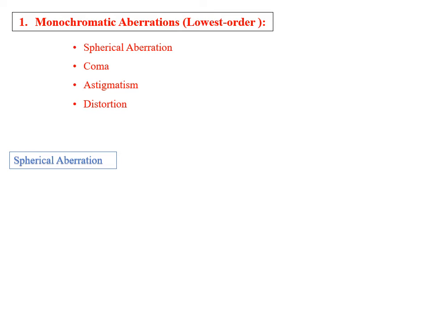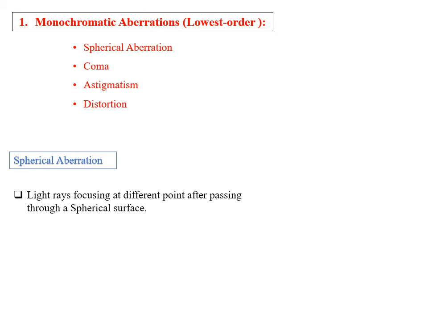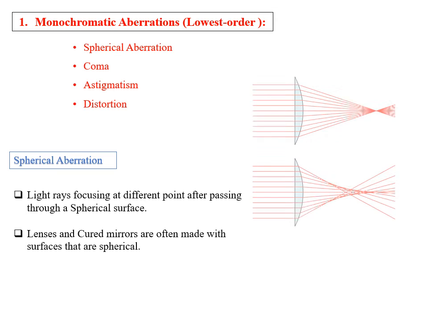Next we'll be discussing spherical aberration, where light rays focus at different points after passing through spherical surfaces. Lenses and curved mirrors are often made with spherical surfaces. As you know very well, lenses are made from spherical glasses, right? If there is any failure in cutting the lenses or glasses, it leads to spherical aberration.